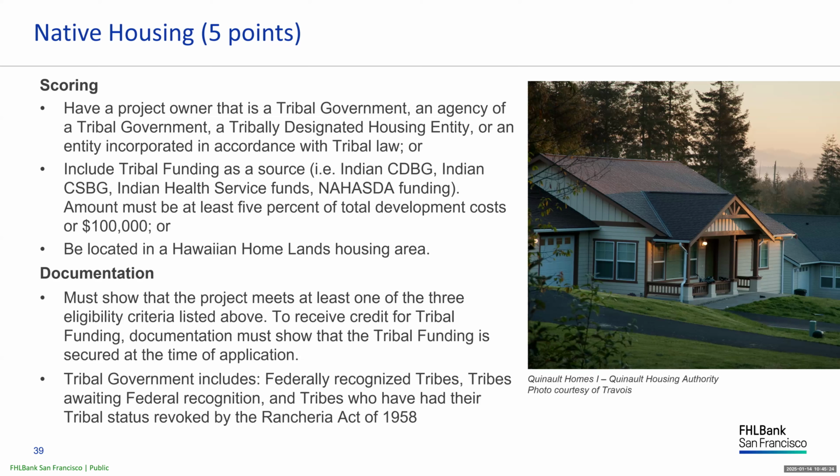The amount of tribal funding included in the sources of funds must be an amount equal to or greater than the lesser of 5% of the project's total development cost, or $100,000. While we haven't gotten a project submitted from Hawaii in a while, you could also receive points if the project is in a Hawaiian homeland housing area. Last year, 1 of 50 projects received points in this category.